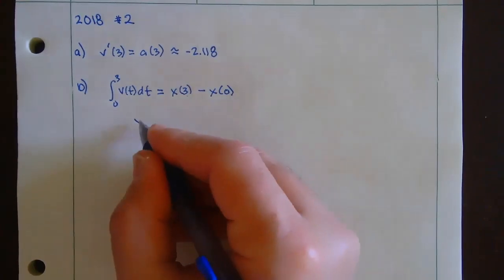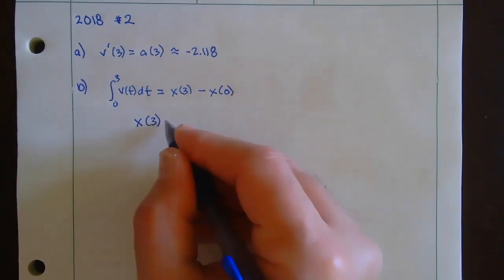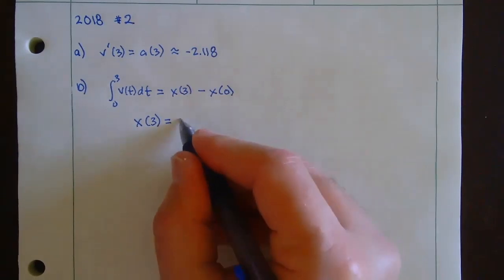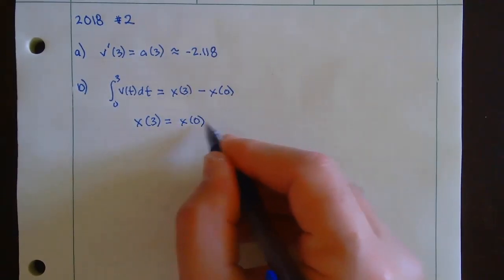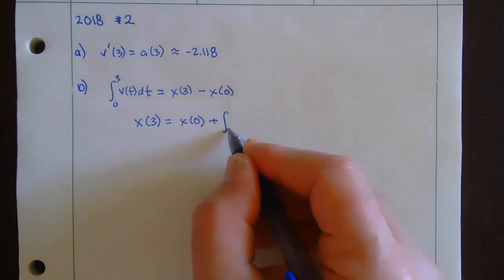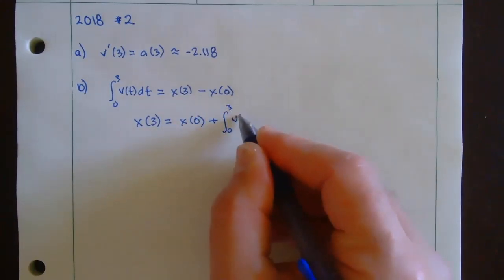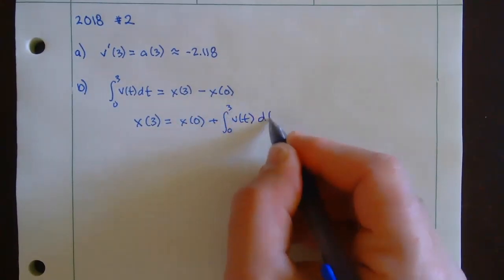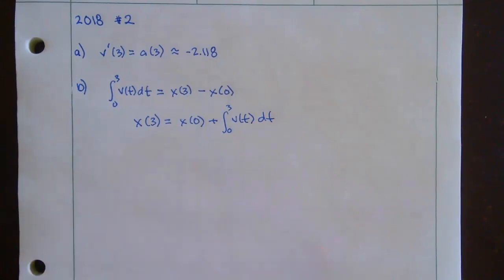So we would have x of 3 is equal to x of 0 plus the integral from 0 to 3 of v of t dt.